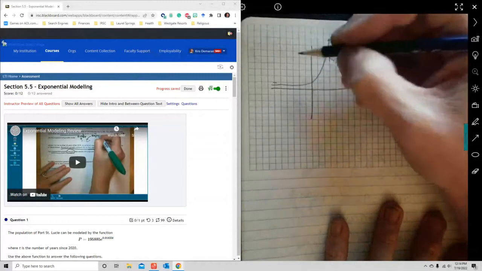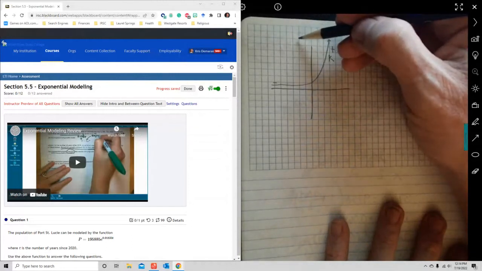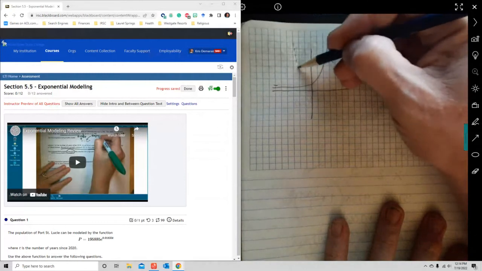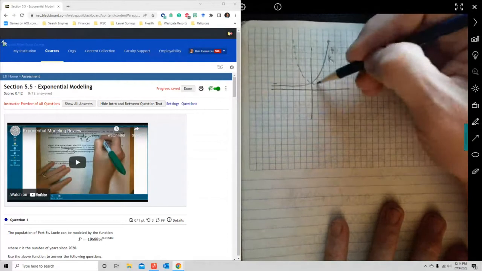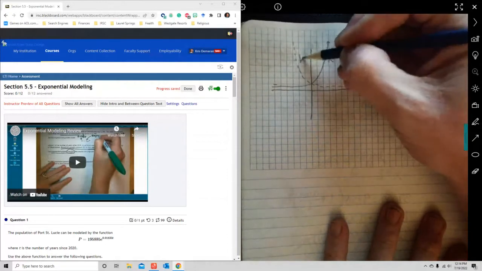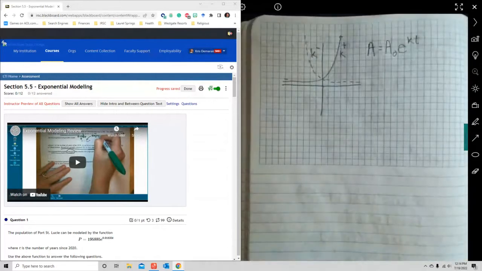And if it's not growth and it's decay, then it'll look something like this. And that is when K is negative. I'm just going to put K is negative up there.